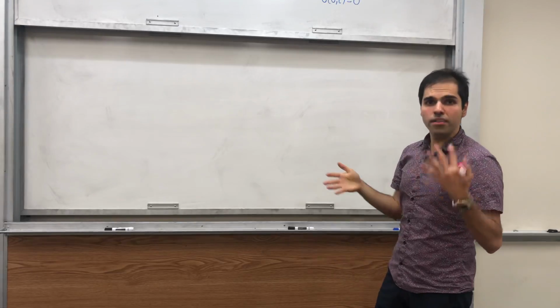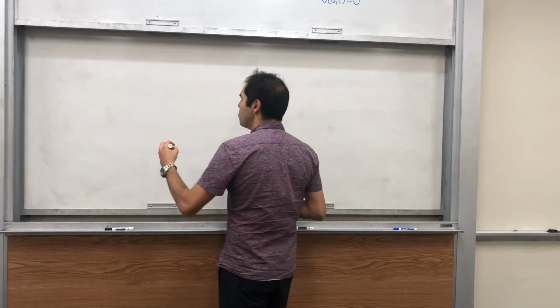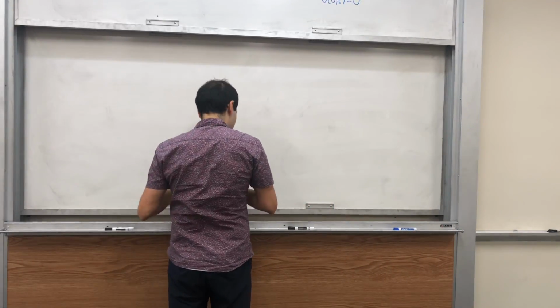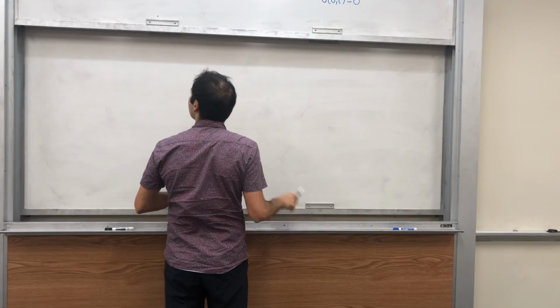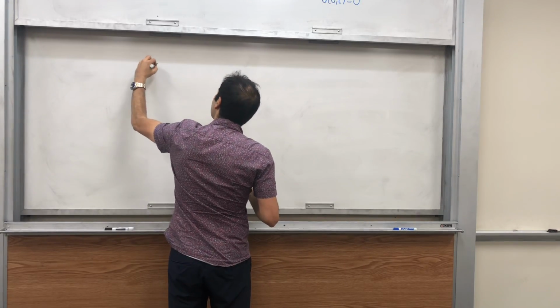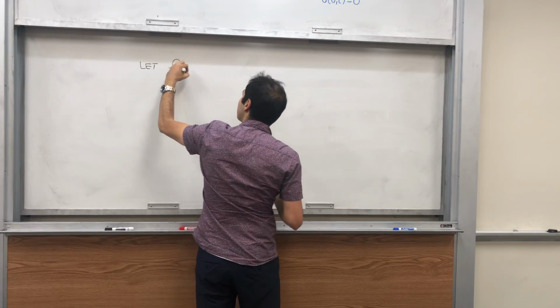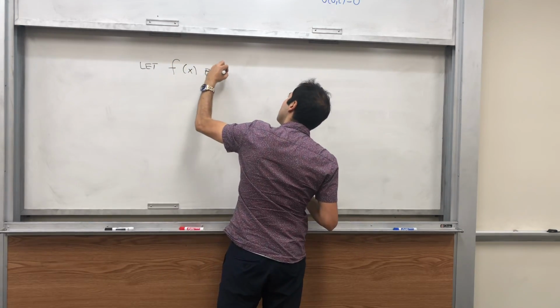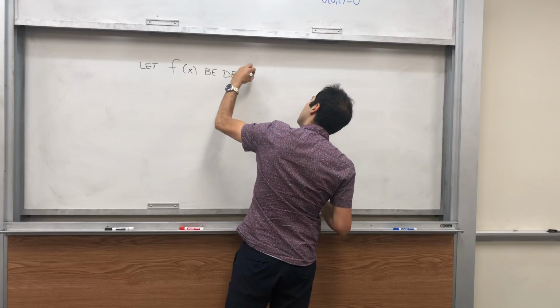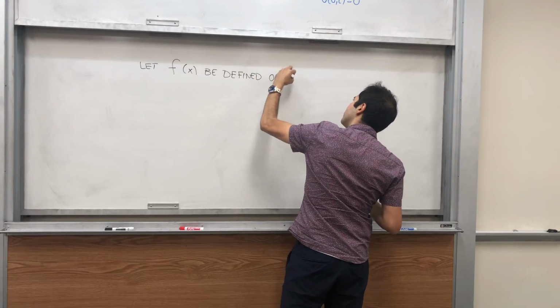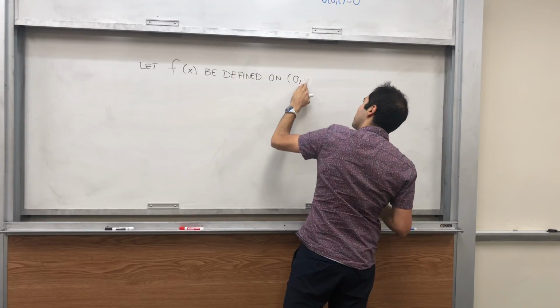So again, it really boils down to the following. Suppose f of x is defined for positive x, on 0 to infinity.